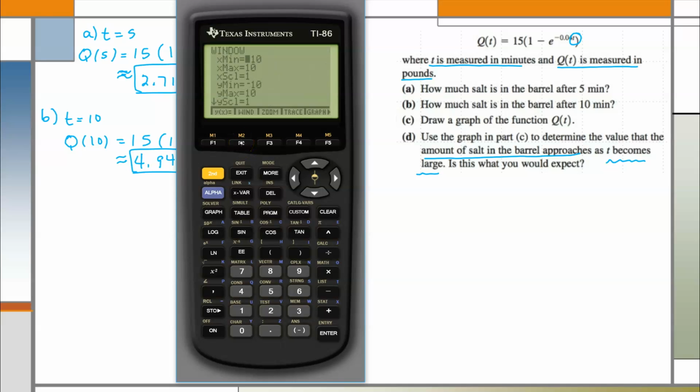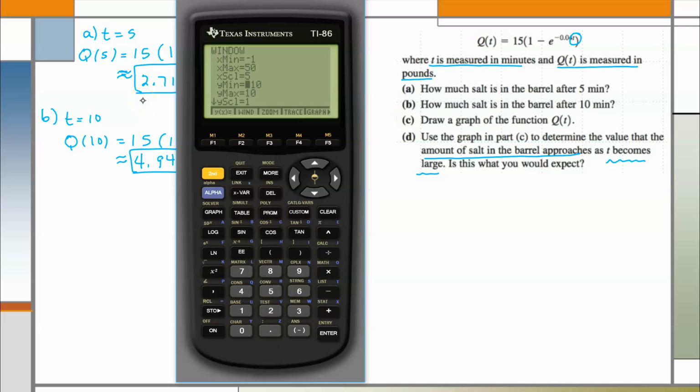x is time. Time can't be negative, but I still want to see a little bit of the negative x-axis. We plugged in 5 minutes and 10 minutes from parts A and B. Let's go out to 50 minutes and see what happens. Each tick mark is worth 5. Okay, y values.